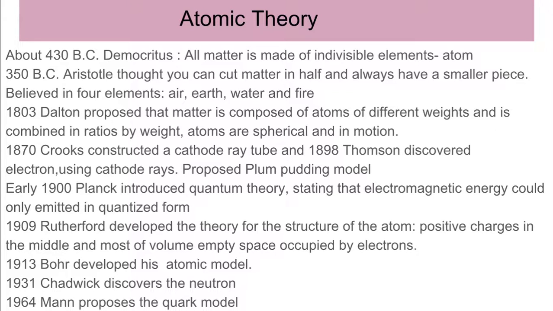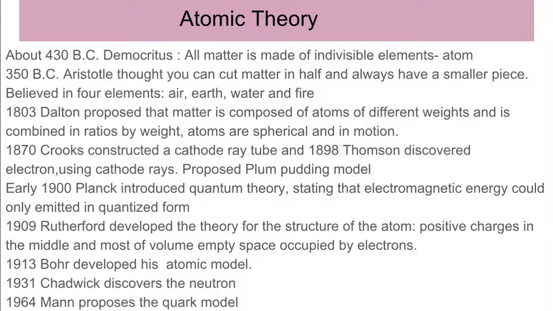So in 1803, Dalton proposed that matter is composed of atoms of different weights combined in ratios by weight, and atoms are spherical and in motion. His theory started a new era for atomic theory.